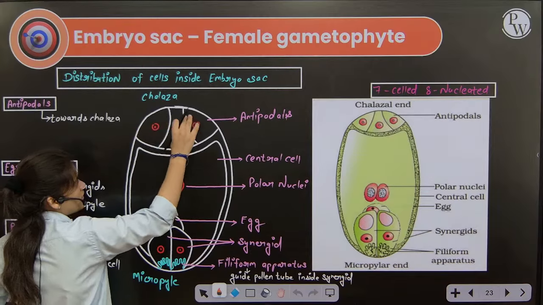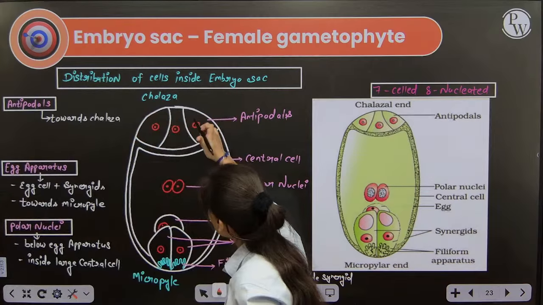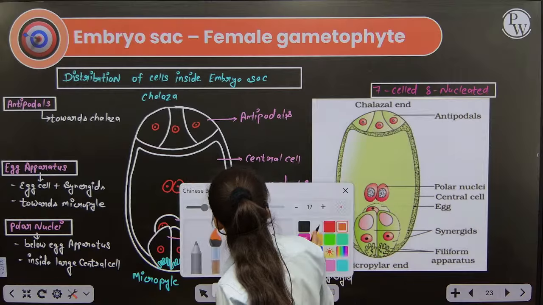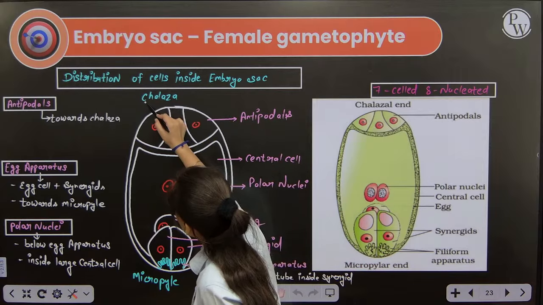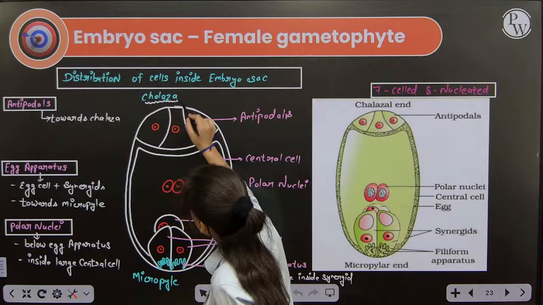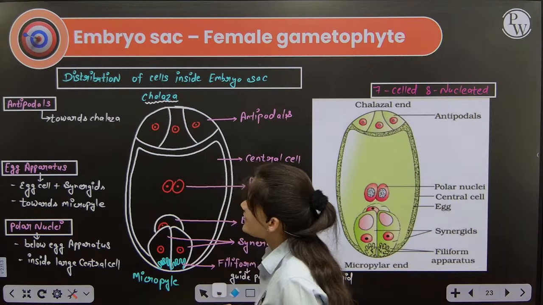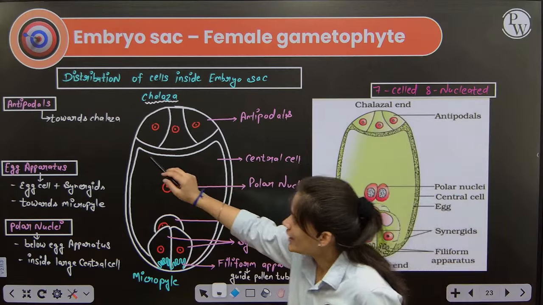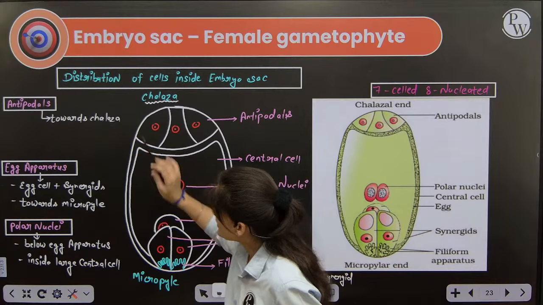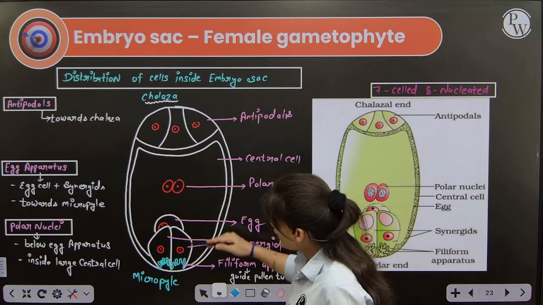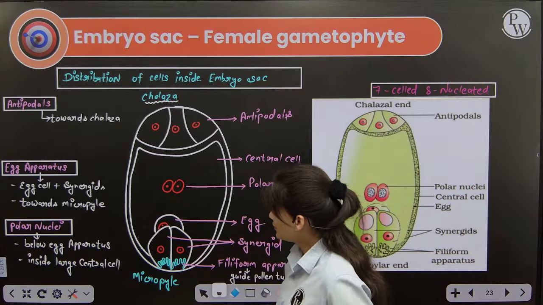Three cells are present towards the chalazal end. These cells are known as antipodal cells. Then what about the micropyle end?